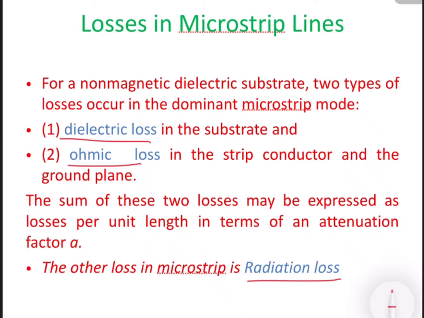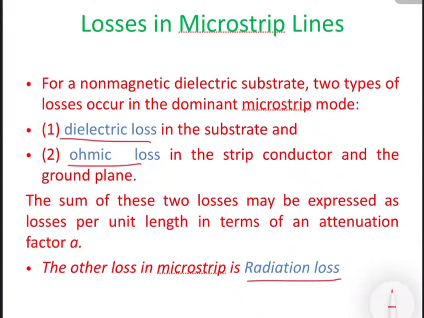Whenever we want to express the losses for a microstrip line, we sum up the dielectric loss and the ohmic loss, and they are expressed in terms of loss per unit length and in terms of a factor known as attenuation factor alpha, because a loss is where the degradation of the signal will take place.